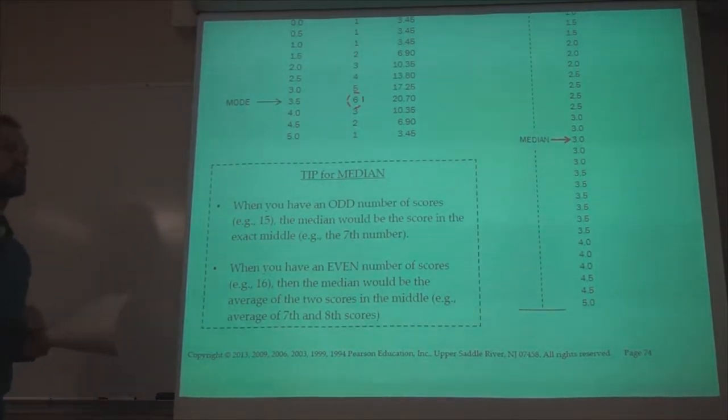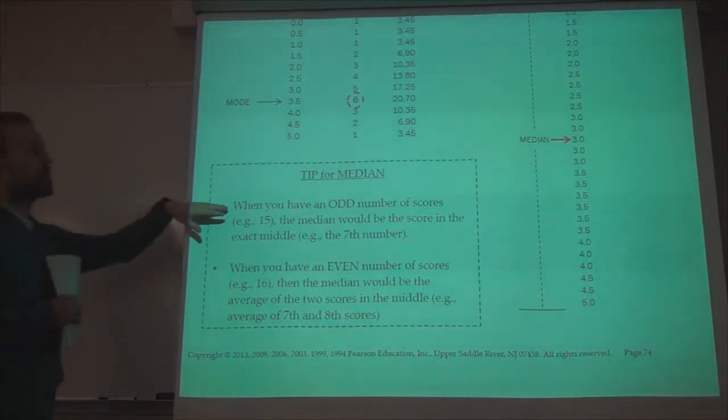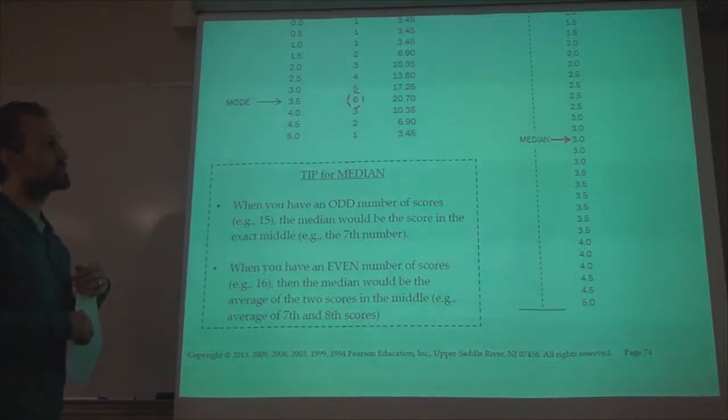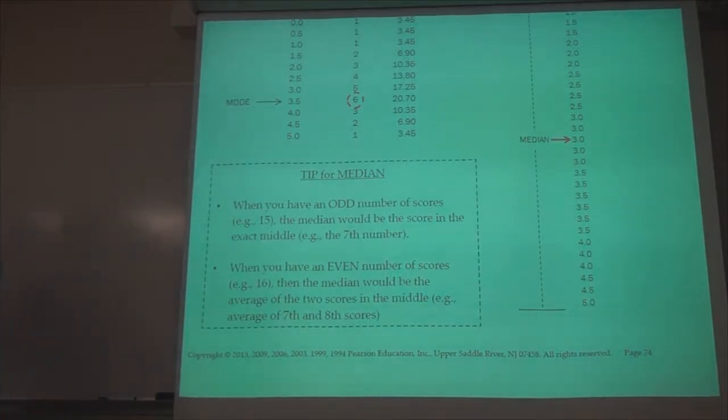As soon as the set of numbers become large, then I have to do something more automated. So if I have an odd number of scores, like 29, how do I determine which position is the middle position? Oh, their example is 15, our example is 29. I would simply take the total number plus 1 divided by 2 to get 15.